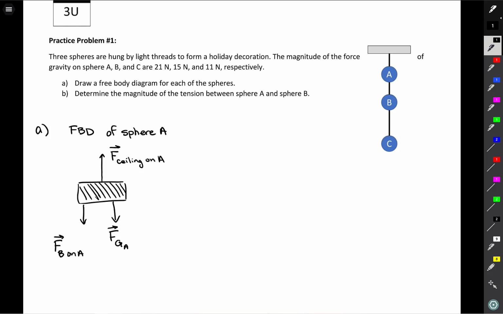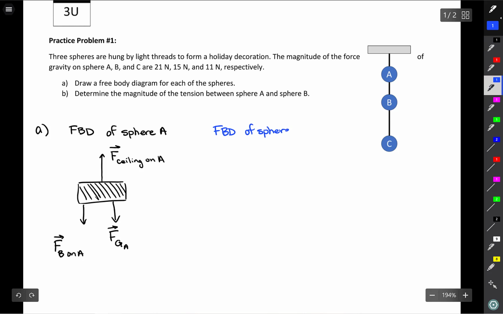We can continue this idea and draw for B. So I'll draw the FBD of sphere B. Okay, sphere B, and same idea. We have the force of gravity acting down on sphere B because it has mass.